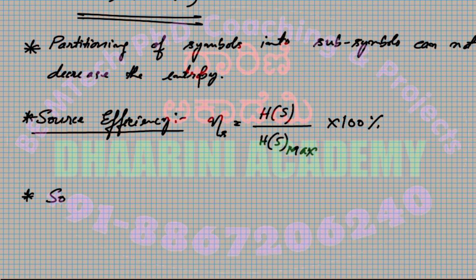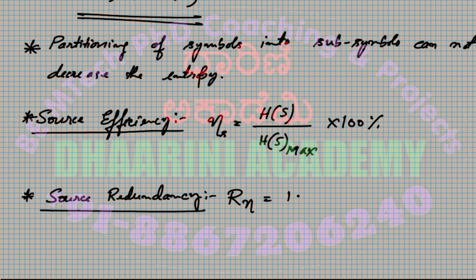So that is source redundancy. R is already used, so R eta. This is 1 minus eta s. So 1 minus the efficiency is the redundancy.